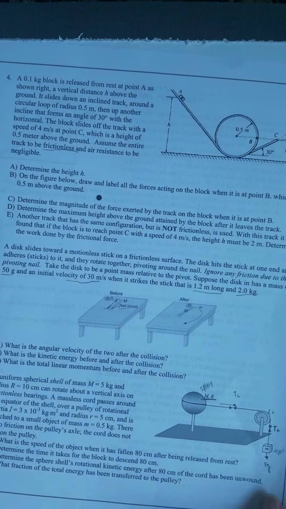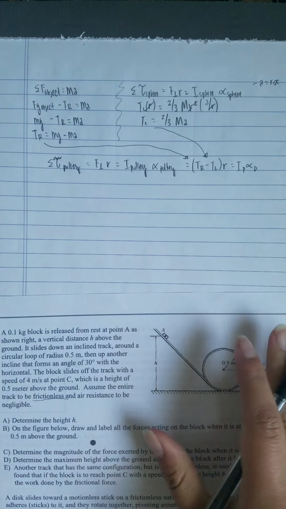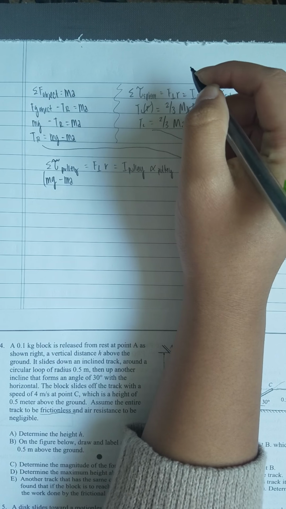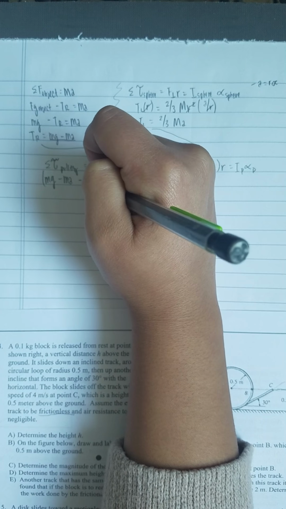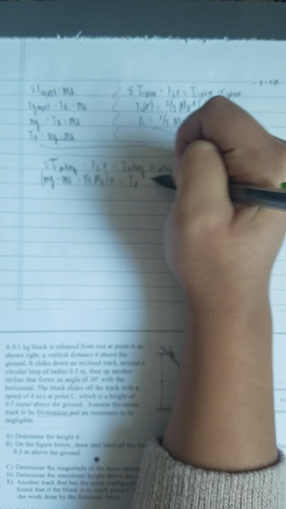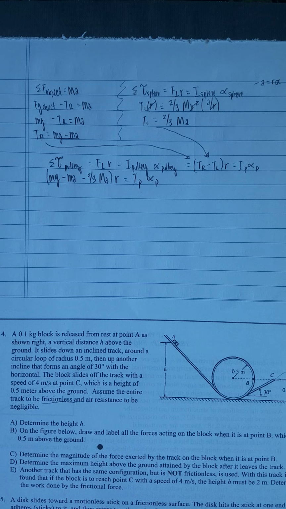Now we can plug in TL and TR, and that gets you mg minus ma minus 2/3 big M A times R is equal to I pulley alpha pulley.